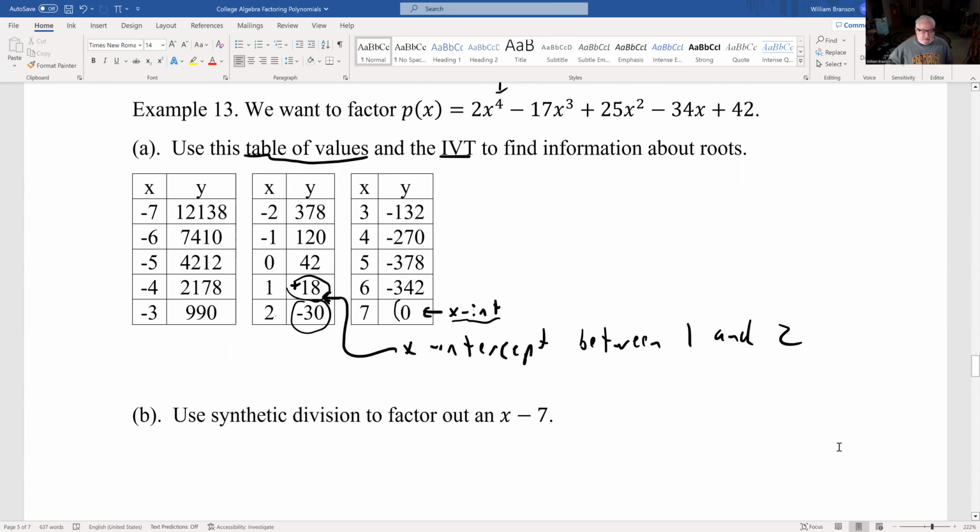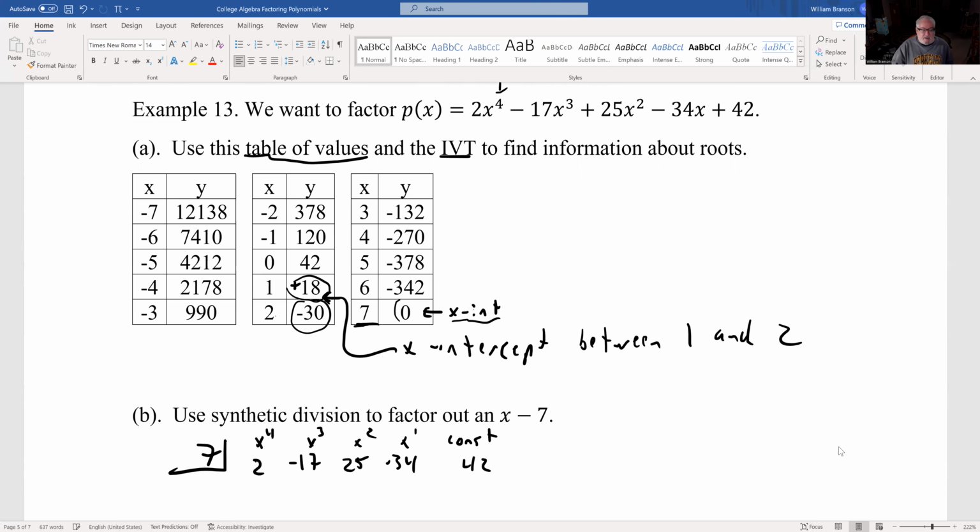So we can use synthetic division to factor out an x minus 7. So again, setting this up, we'll take an x to the 4th column, an x cubed column, an x squared column, an x to the 1st column, and a constant column. And then we put in our coefficients: 2, minus 17, 25, minus 34, 42.